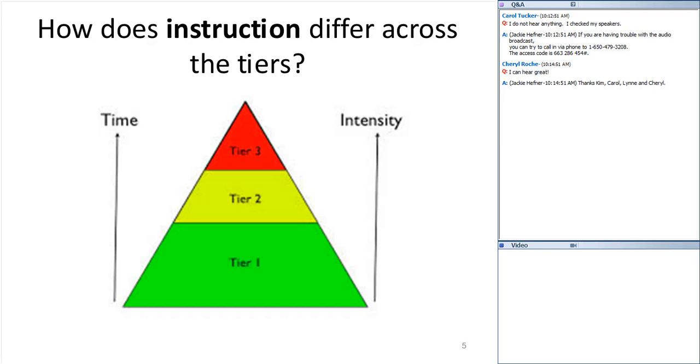So that's why we're going to look at all of the elements of explicit instruction and how we might make each of them more intense for Tier 2 or Tier 3. Why do we have this for 2 weeks, 2 sessions? Because we simply can't finish it up all in one.